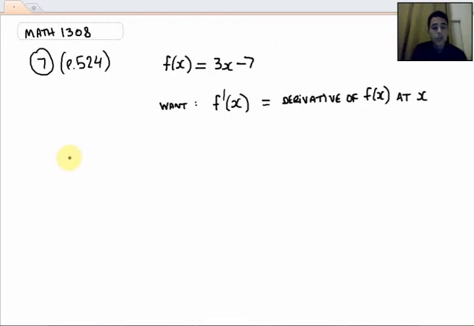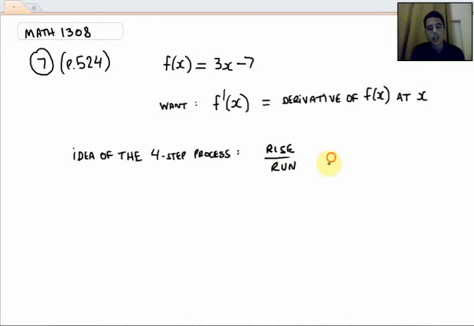First, basically the idea of the 4-step process is to find the rise, so you find rise over run, then you find the limit of rise over run when h approaches 0, and that will give you the slope.